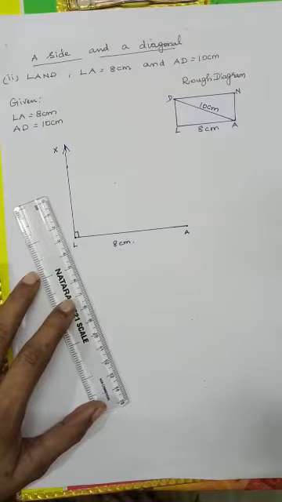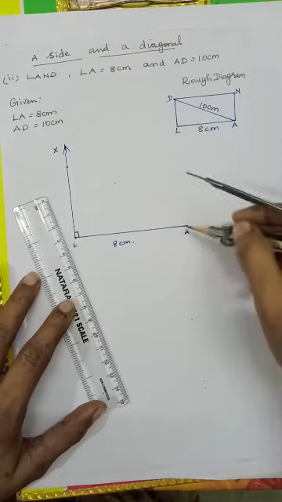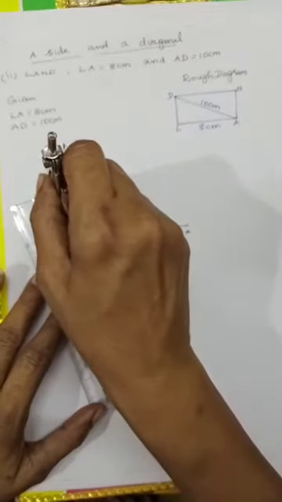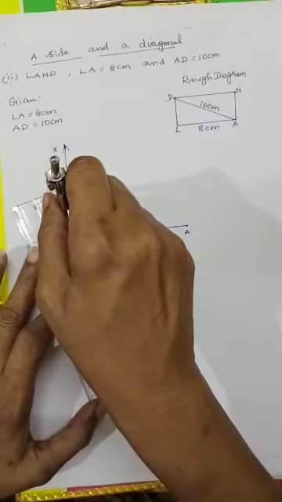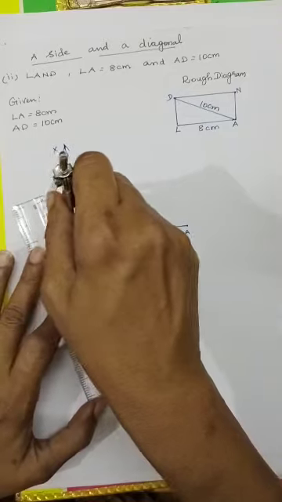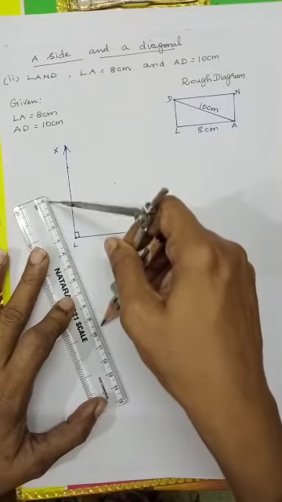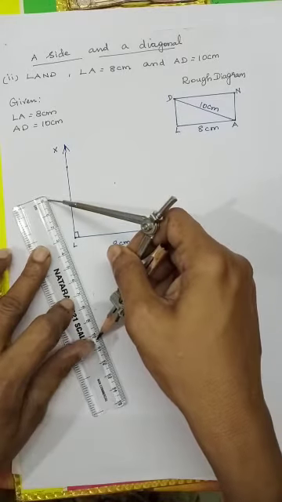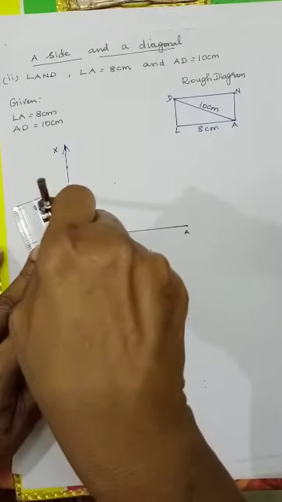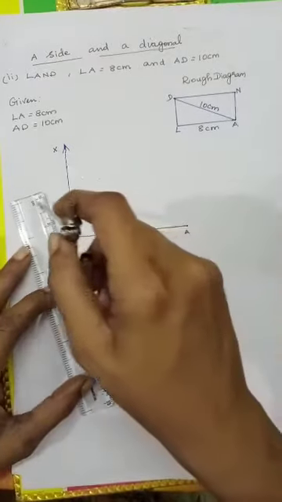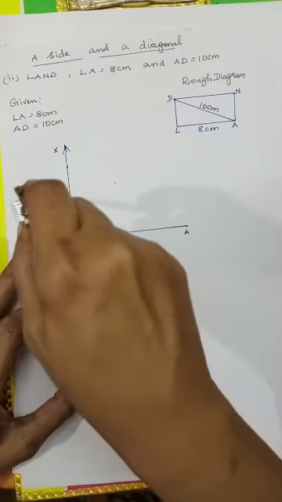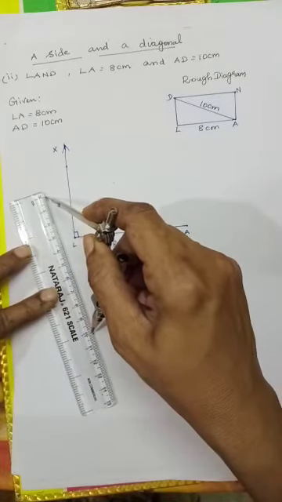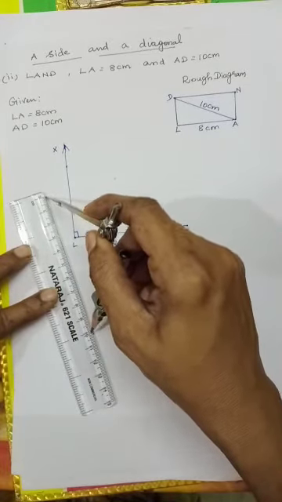Now you take 10 centimeter. A to D you have to draw an arc. From here 0 to 10 you have to take. Okay.